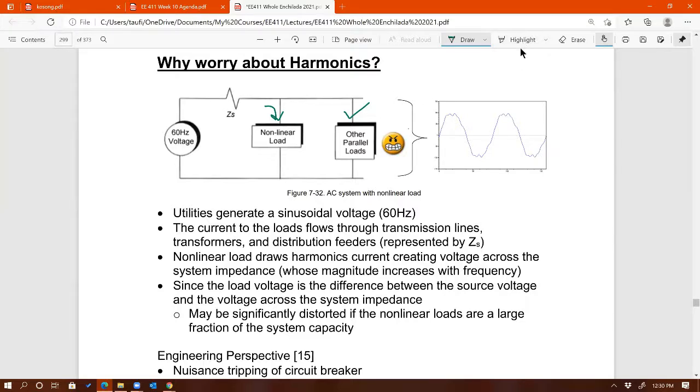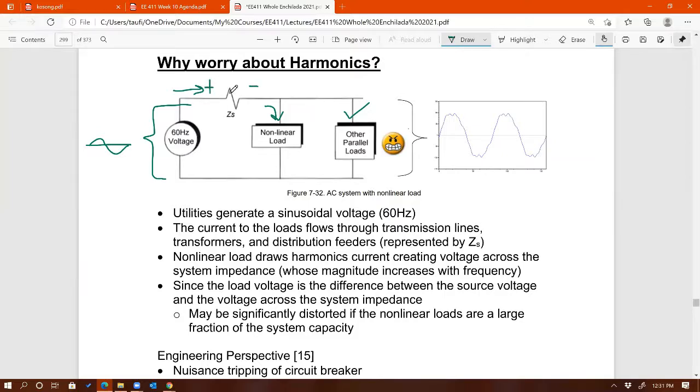Right? So then what's going to happen? Okay, the voltage here is clean, right? That's the source side, so the voltage there is a pure sine wave. Now, before I do KCL, current will be going through this distribution line, through this impedance, and we're going to have a voltage drop across this impedance, right?